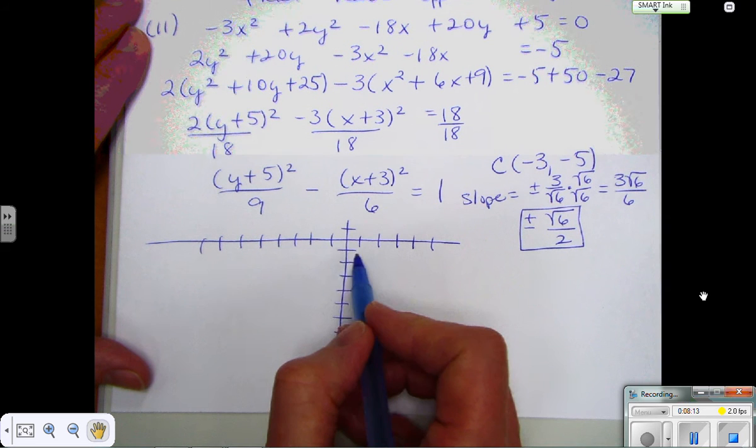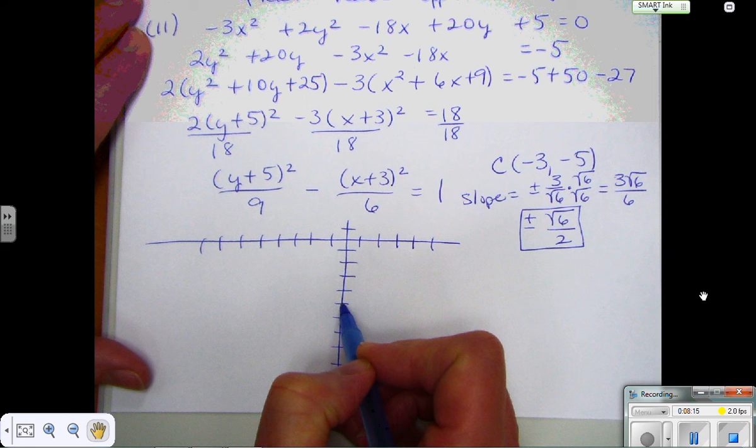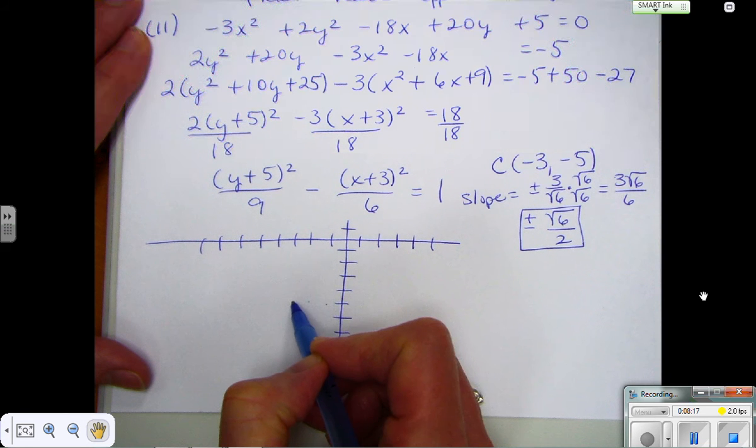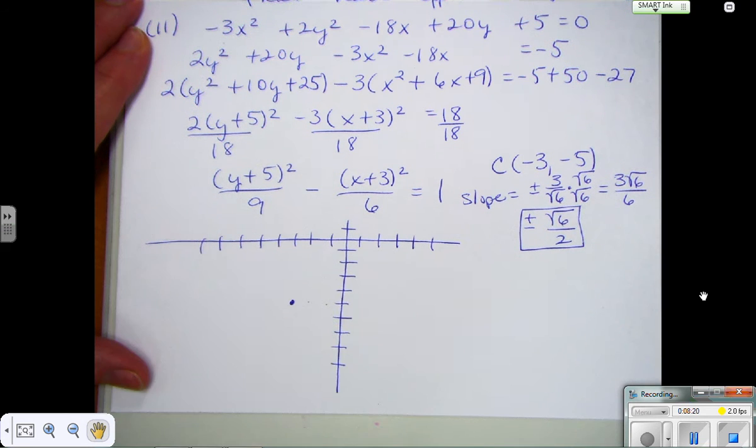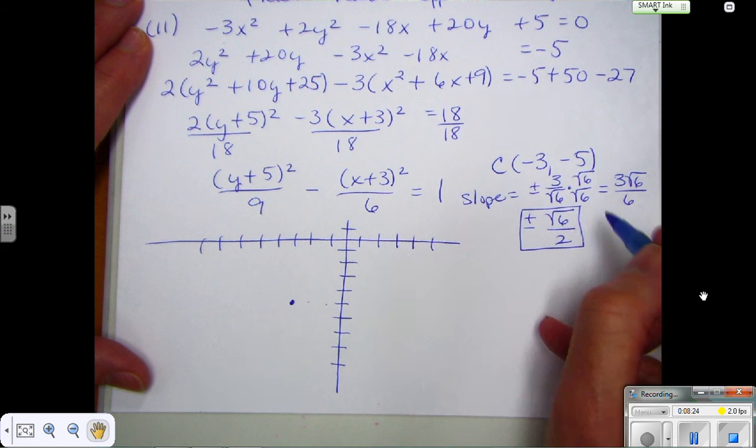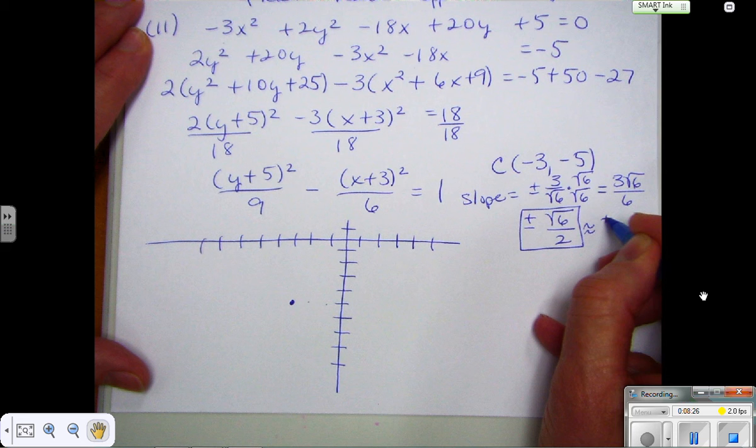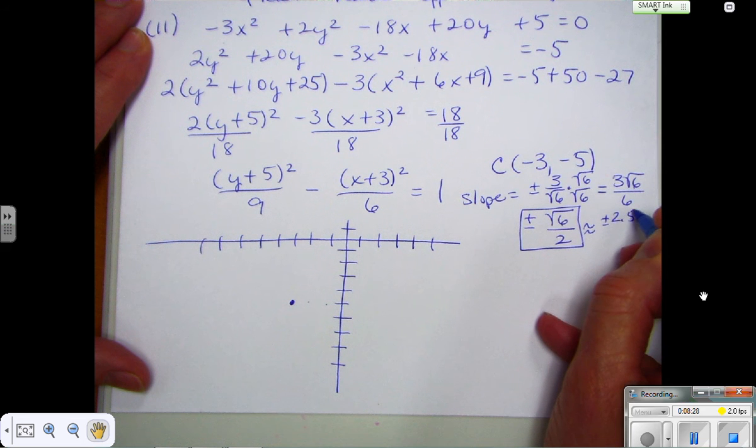Negative 3, negative 5. Right there, that's the center. And from the center, I'm going to count the slope. Now, radical 6 is about 2.5.